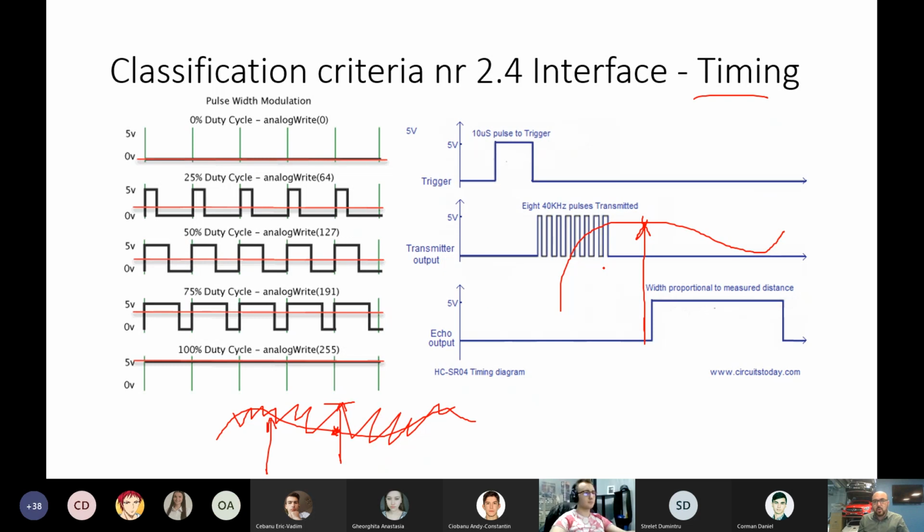But what if we convert it from the value domain to the time domain, and we send the starting of the pulse and measure till the end of the pulse?